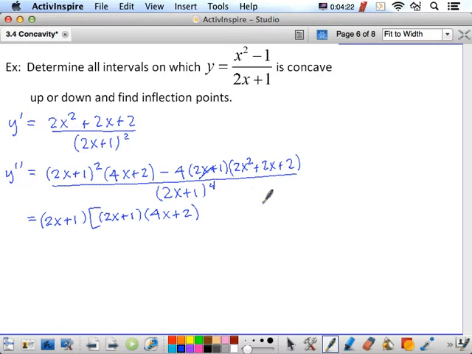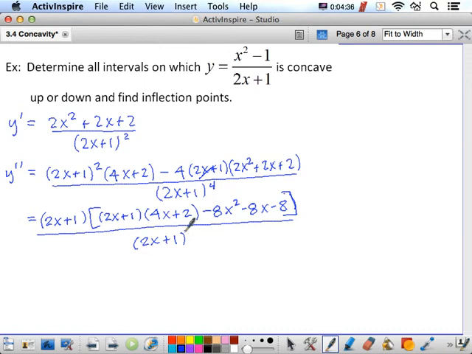Now I'm going to go ahead and distribute that minus 4. So we have minus 8x squared minus 8x minus 8. And I guess that's the end of our bracket. We can go ahead and reduce by a power of 2x plus 1, right?